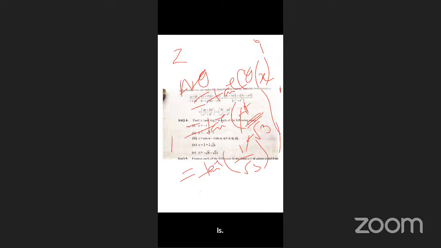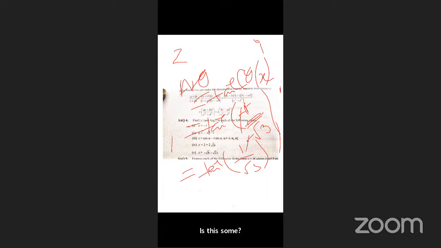So tan inverse of minus 1 by minus root 3, that is tan inverse of 1 by root 3. Does anybody know what the tan inverse of 1 by root 3 value is?